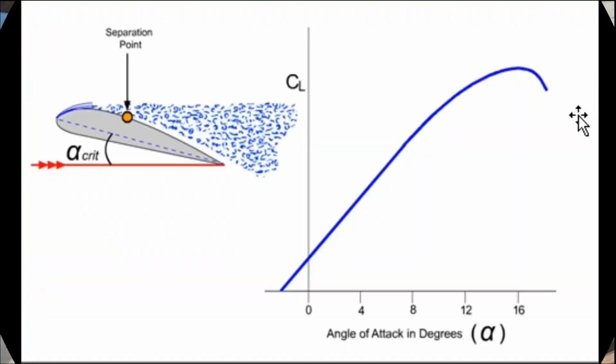This point is called CL max, the maximum coefficient of lift, and the associated angle of attack, in this example 16 degrees, is the angle the wing has to be at to have the aerodynamic condition called stall.